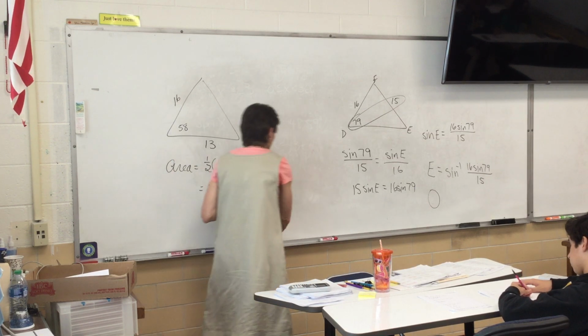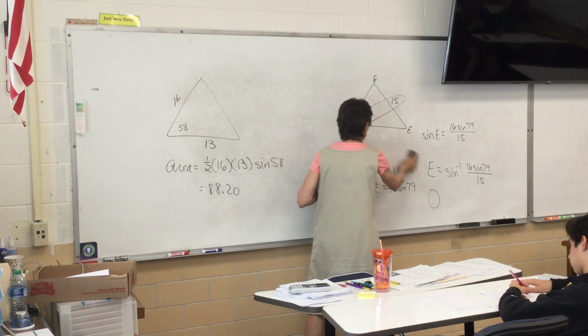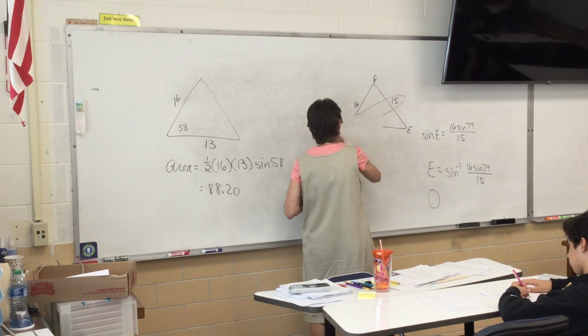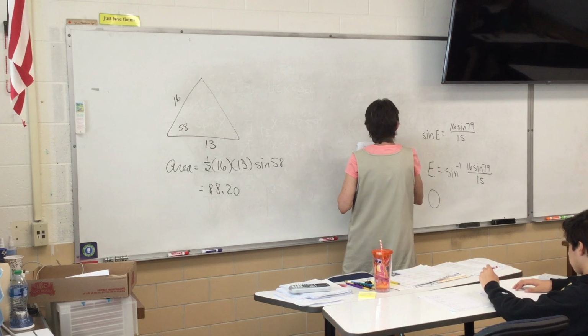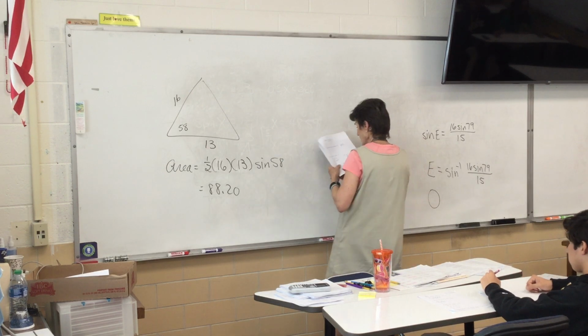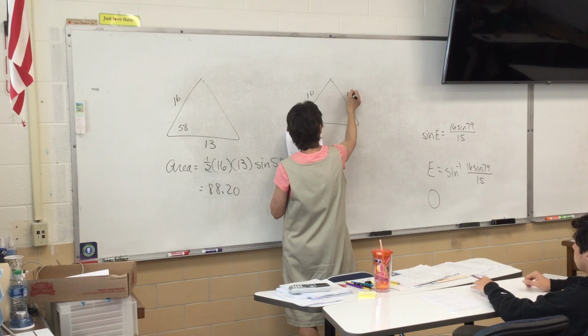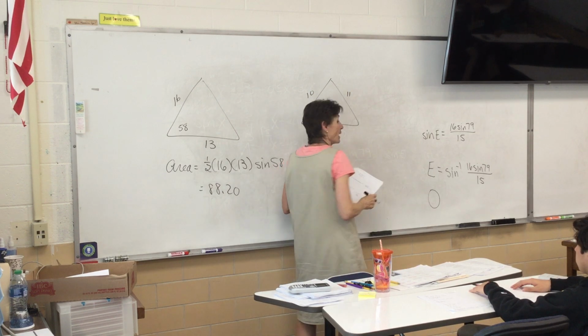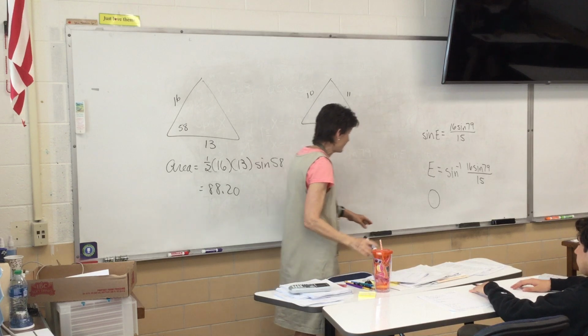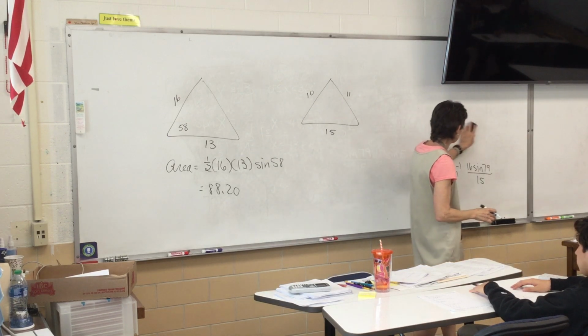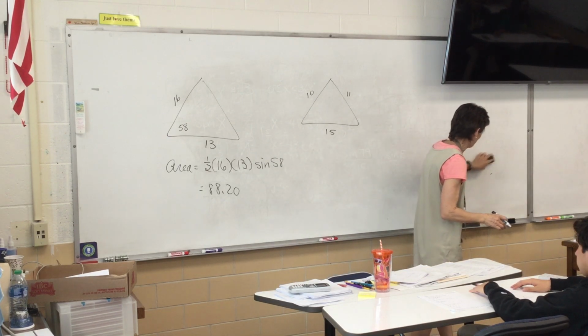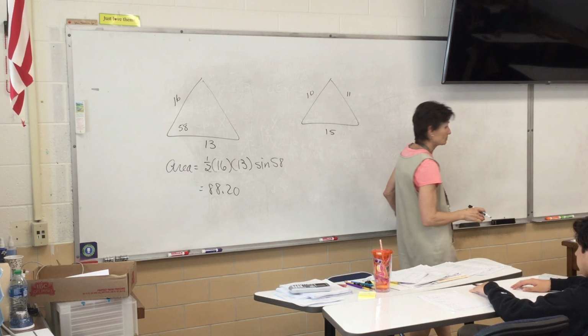Now the other area, there are two area problems. I won't do letter A this way because why? Why can't I just do the same thing with letter A? There's no angle. So does anybody happen to remember what we do when there's no angle?